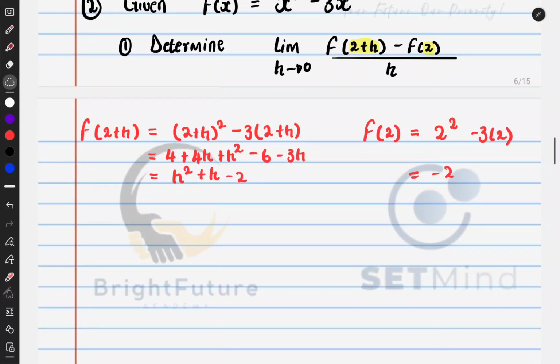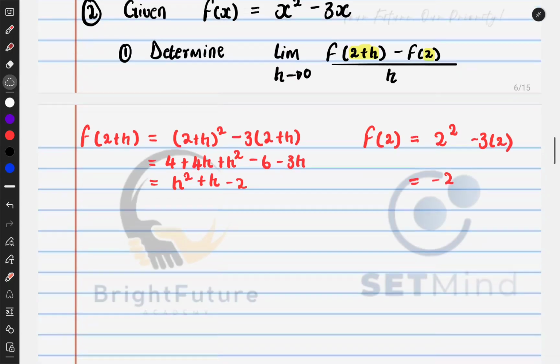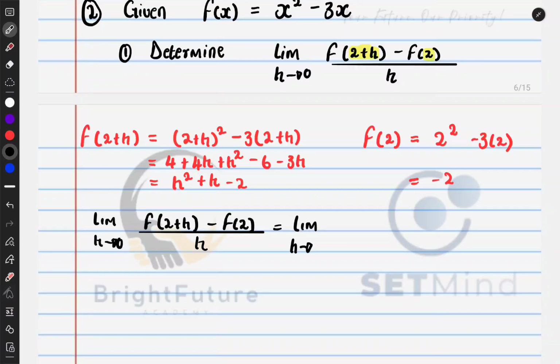So the next step, let's determine the limit between these 2 points. Between these 2 points, we have already evaluated f at 2 plus h and then f at 2. So next step, we simply say this will be equal to the limit as h approaches 0 of f at 2 plus h minus f at 2 over h, which is equal to the limit as h approaches 0.